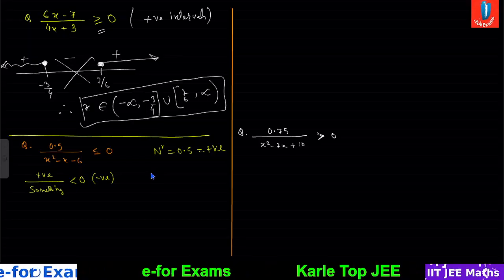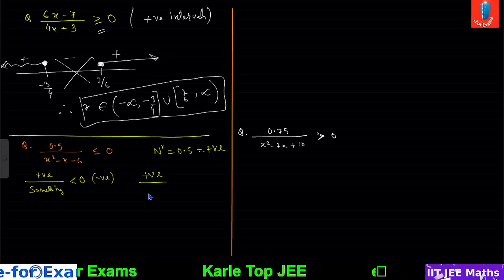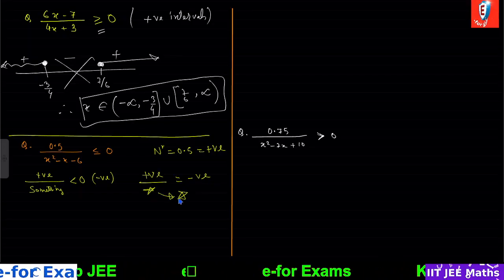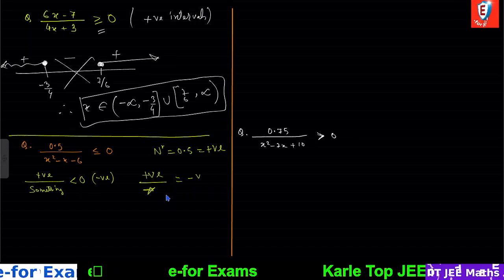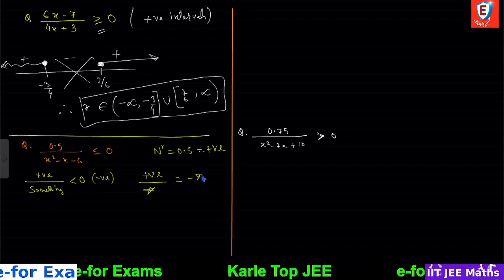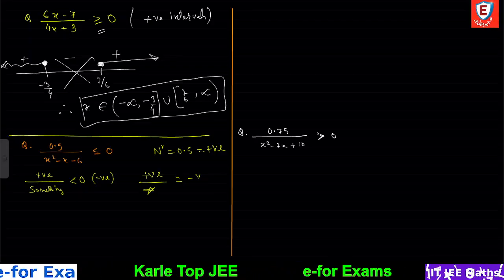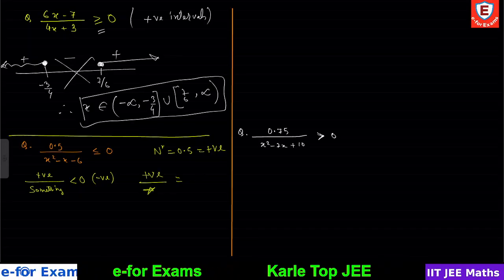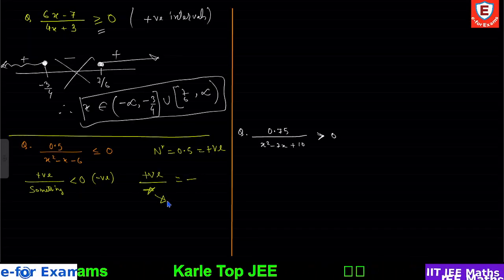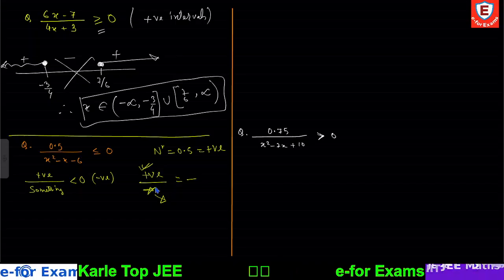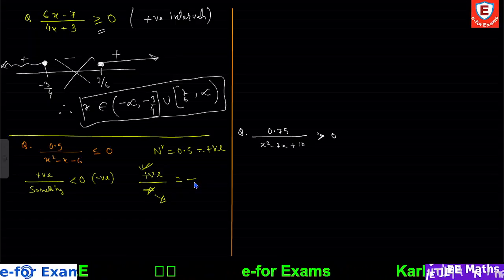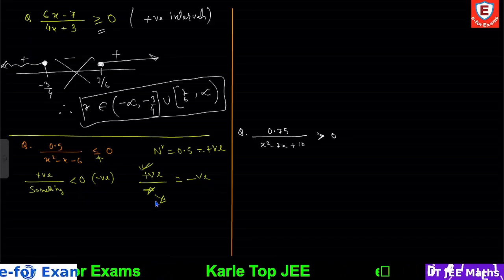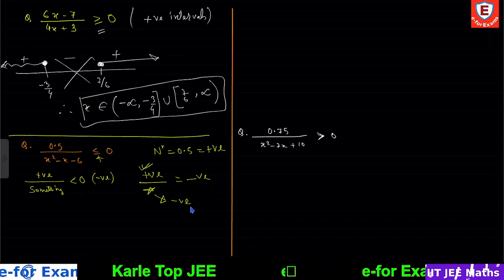So if positive by something star is negative, this implies star is negative. So this star must be negative. The numerator is positive, right? So if the denominator is positive, it is wrong because it is saying less than 0. So it should be negative.